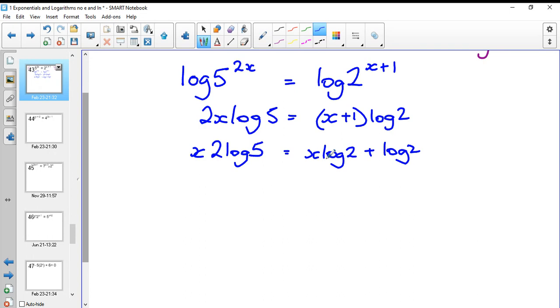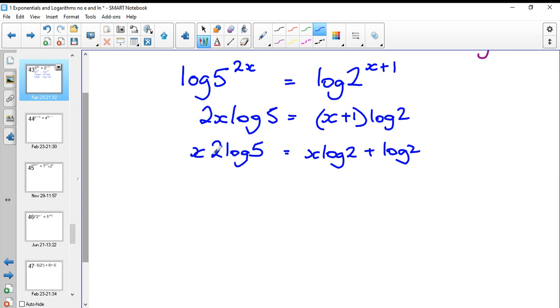Now if you notice I've written the logs after the x. That's just to avoid ambiguity, because if I'd written it as log 2 lots of x there, we don't know if that's 2 lots of x or if it's log of 2x. So we tend to just write it after the x, just so that it's clear.